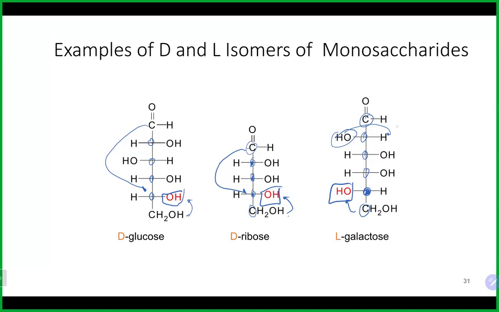So the answer to your question: the ones before the last chiral carbon have to be kind of locked into that side, left or right, whichever side it is. The only one that really can vary and still make it the same sort of sugar is the last one on the last chiral carbon, and that would just give it an isomer, the L or the D version, depending on that.